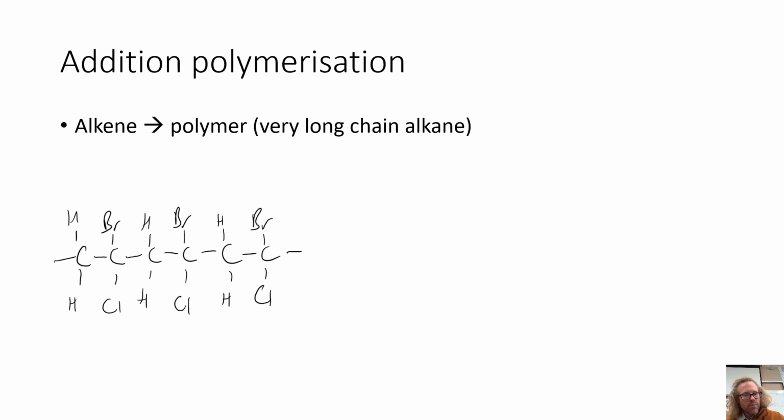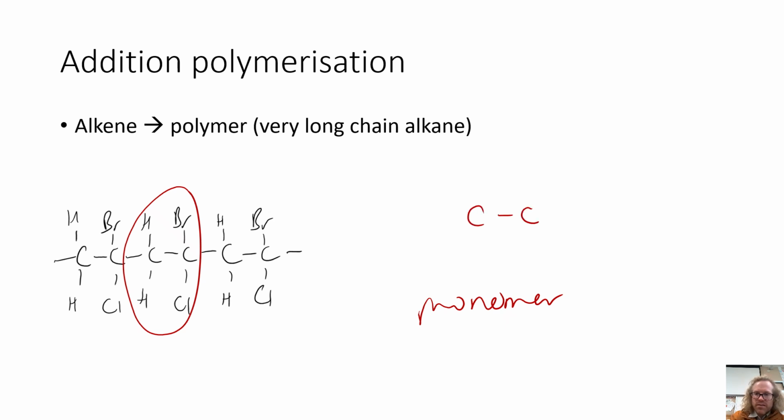Here is a polymer drawn, and now I need to draw what it came from. What is the monomer that made that? All you need to do is circle the repeating 2 carbon unit, and there's plenty of them, so I'll circle that one there.